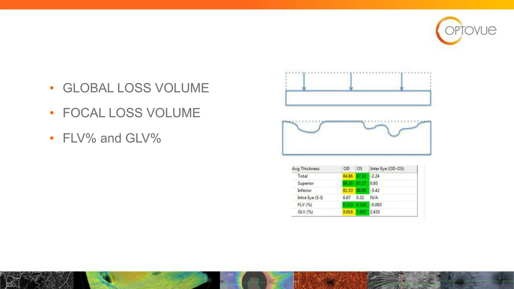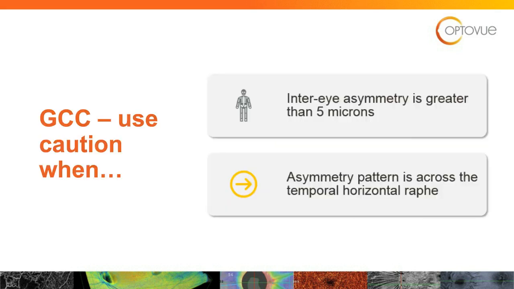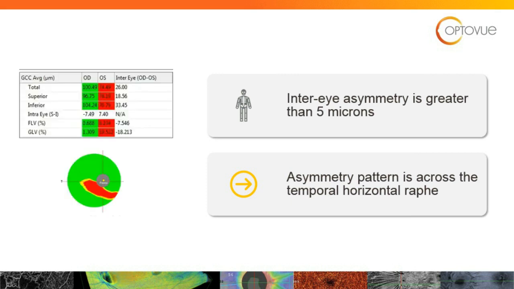Use caution when the inter-eye asymmetry of the ganglion cell complex is greater than 5 microns, or when you see asymmetry across the temporal horizontal raphe. Here is an example of those. As we look at our metrics in the top left-hand portion of our slide, we're comparing the right eye in green and the left eye in red.